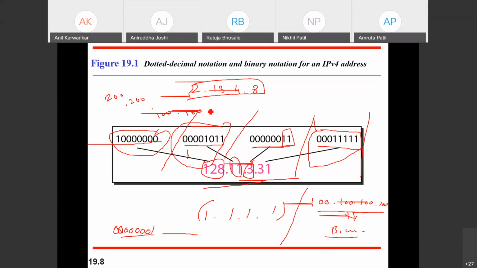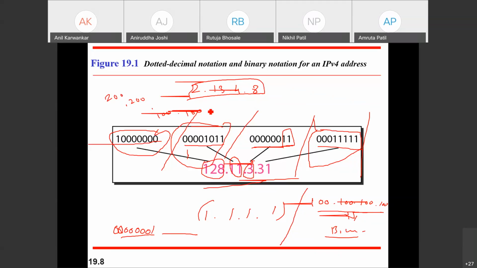Third 8 bits may be all zeros. Fourth 8 bits may be all ones. What will be the value for all ones? Just anyone tell me the dotted decimal value of all ones.